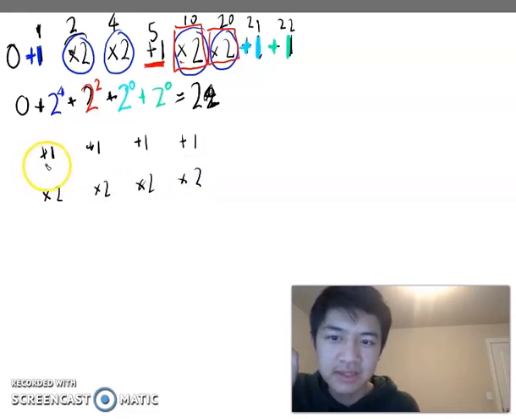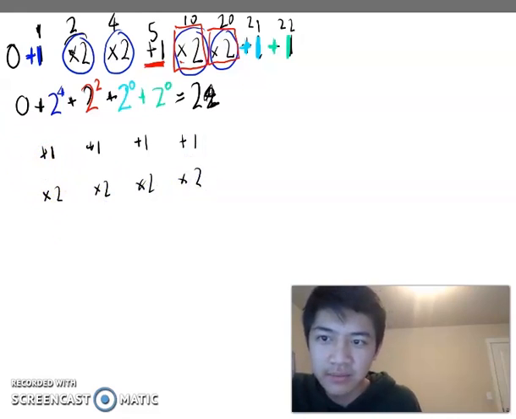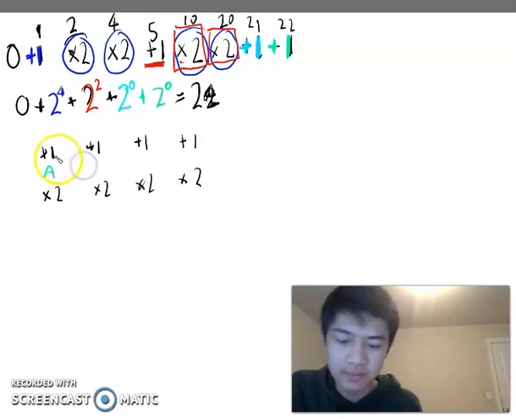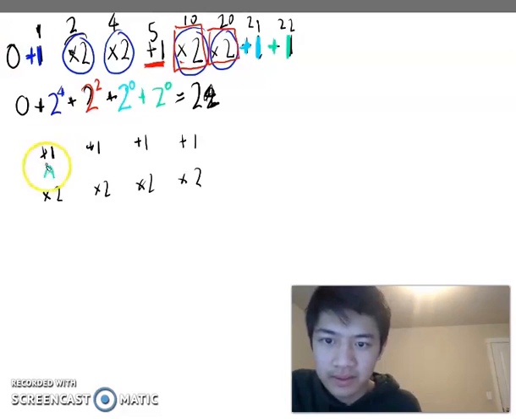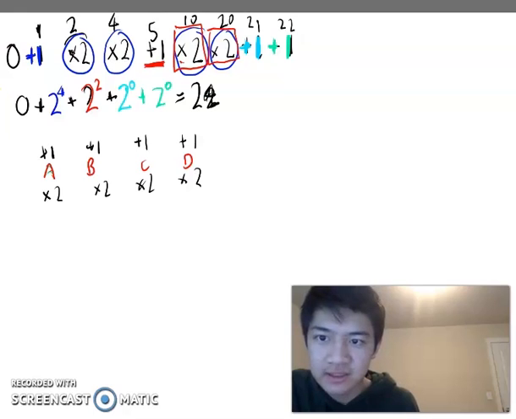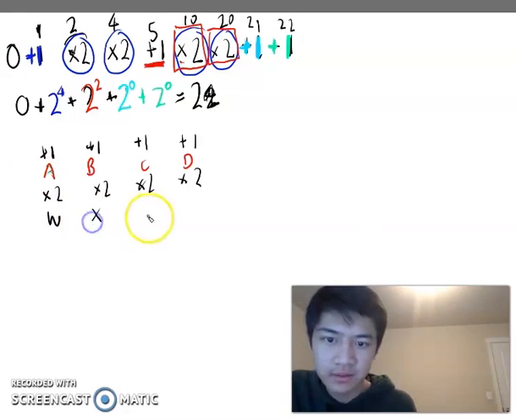We can label the plus 1's as A, B, C, D, and we can label the times 2's as W, X, Y, and Z.